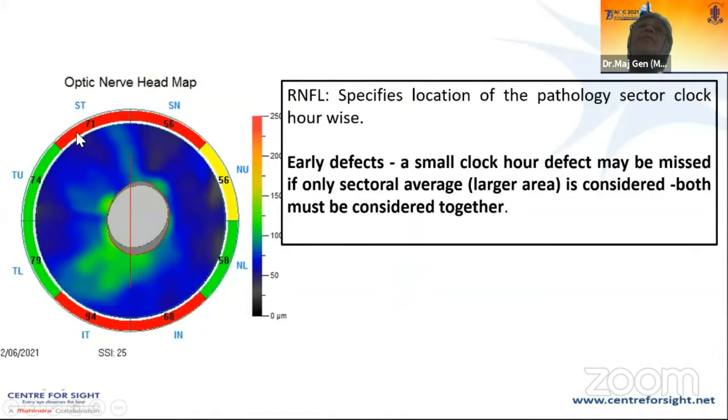In another comparison, here the upper part, the superior, temporal and nasal, shows thinning of only 71 and 56 nerve fiber layer thickness, and inferiorly 94 and 68. It's very important for us to look at these small clock hour defects, which may be missed if we just look at the sectoral average, because we are covering a larger area and might miss these small defects. We must take them both together.